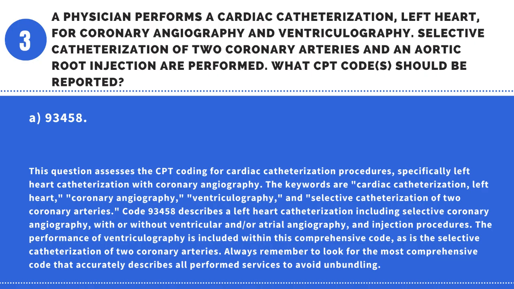Code 93458 describes a left heart catheterization including selective coronary angiography, with or without ventricular and/or atrial angiography, and injection procedures. The performance of ventriculography is included within this comprehensive code, as is the selective catheterization of 2 coronary arteries. Always remember to look for the most comprehensive code that accurately describes all performed services to avoid unbundling.